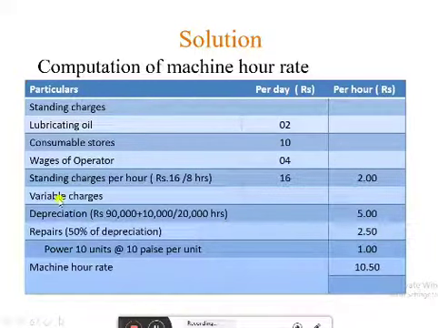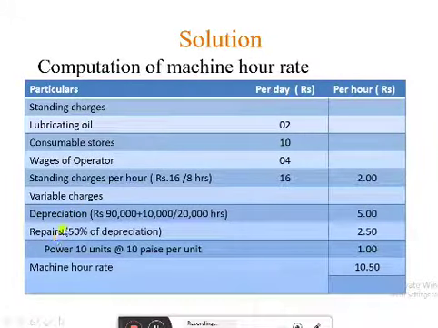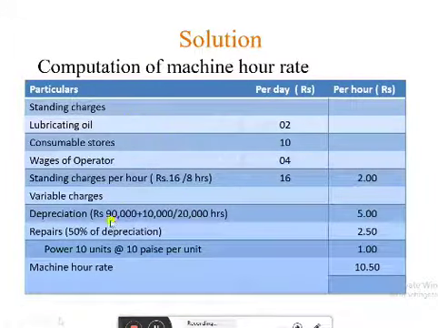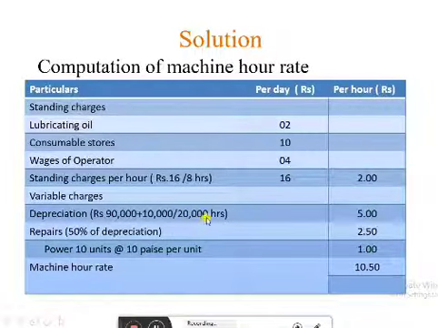Now we'll move on to the variable charges. In variable charges there are two items, depreciation and repairs. To calculate depreciation, you know the cost of machine plus installation divided by total hours. The 90,000 is already given in the problem, plus installation or freight of 10,000, divided by 20,000 hours.